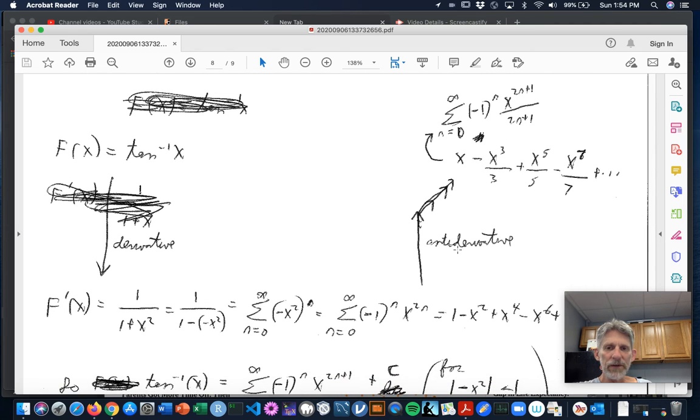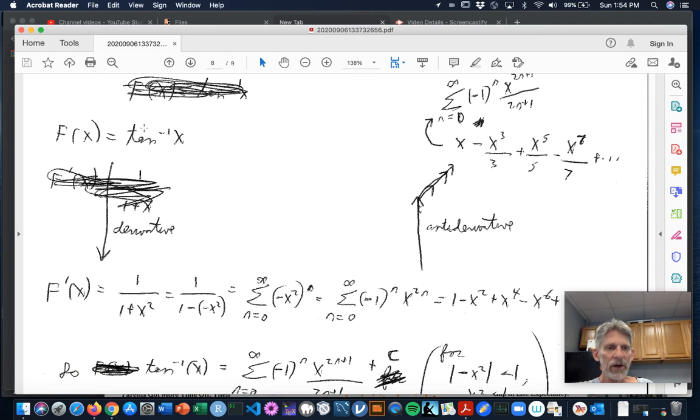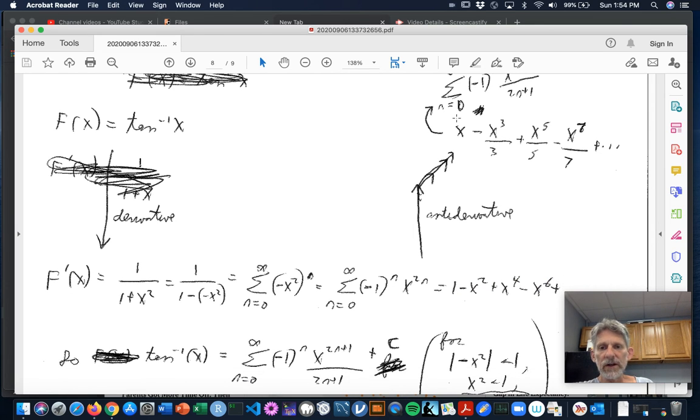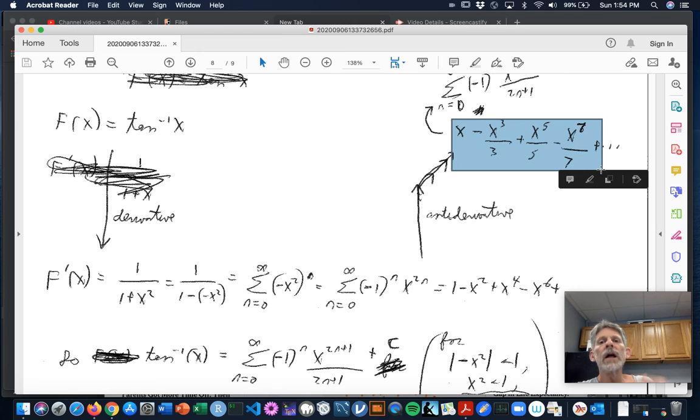So the beauty of this procedure was that this is hard to see how it could be a power series, but its derivative could be related to that special geometric series, and then you get a power series for the derivative. Take the antiderivative and you're just integrating each of the terms. Now you've got a power series for your original function.